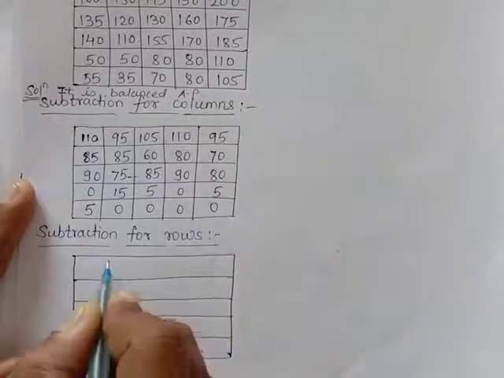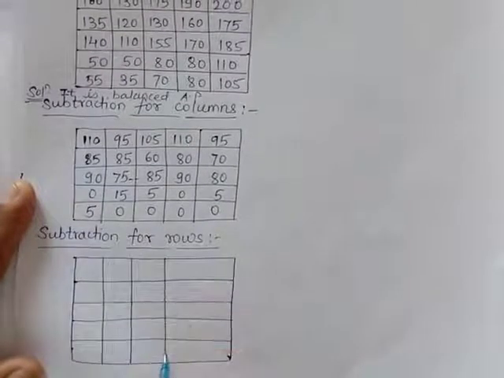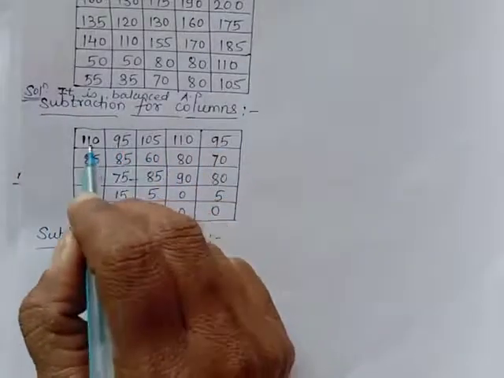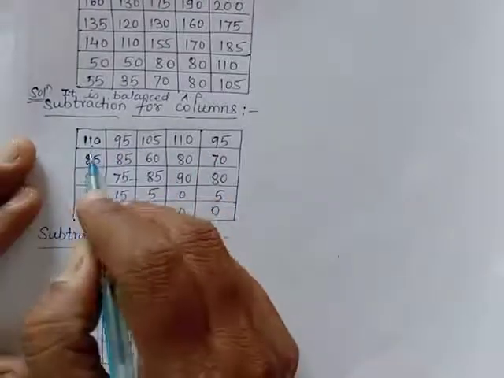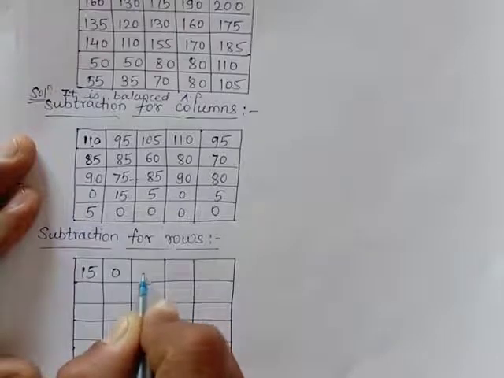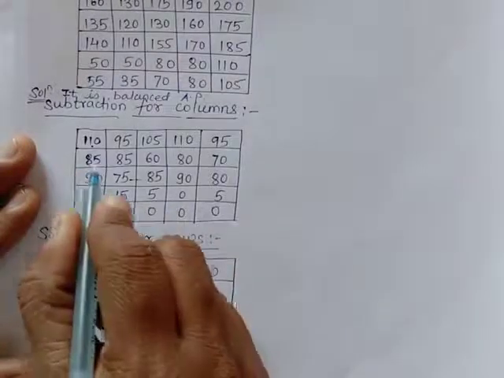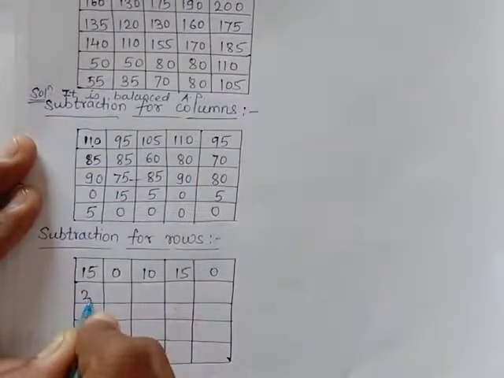Subtraction for rows. So here the minimum is 95. In the first row the minimum is 95. So the first row will become 15, 0, 10, 15 and 0. What is the minimum here? The minimum is 60. So this will become 25.